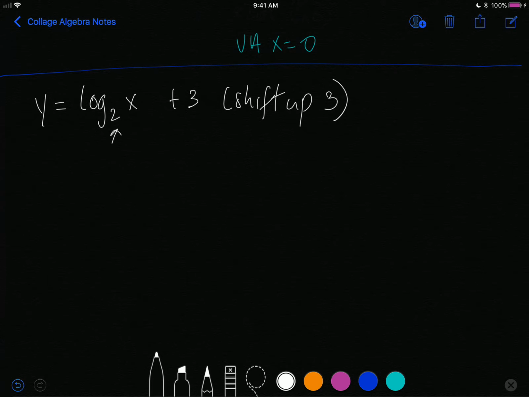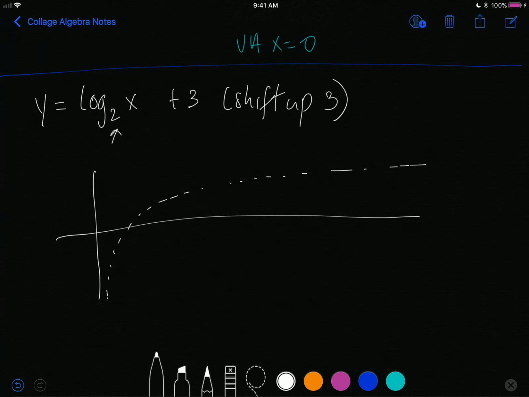Well, the base 2 tells me I have an increasing log, and so my basic log function will look like this. And my dashes are missing. And this number clearly right here is 1. If I take this log and then lift it up 3 units, I will have a log that looks like this. Looks basically the same, but now it is higher.